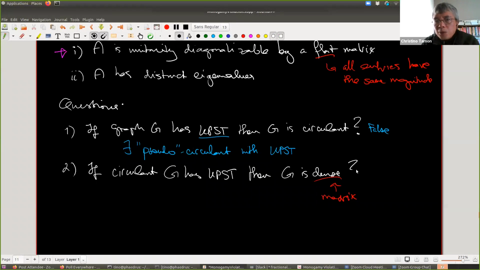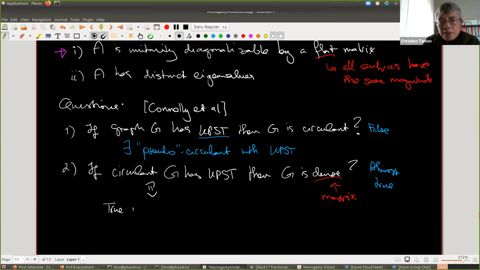So this is almost true. What we observe in this other work, with some other students, is that this is true if the order of this circulant G, order n, is prime squared or power of 2.